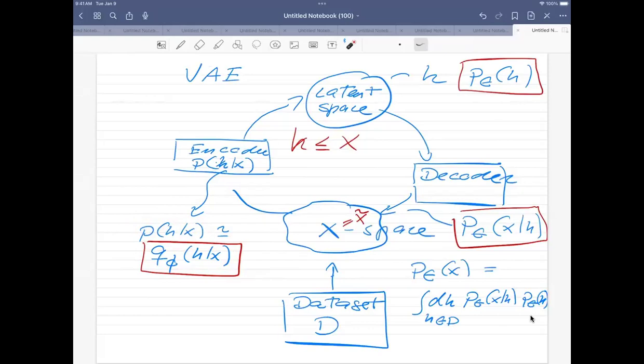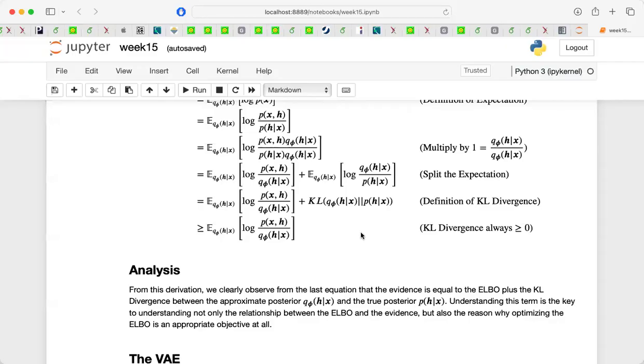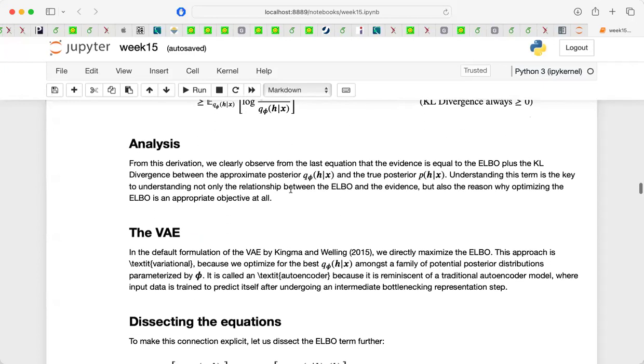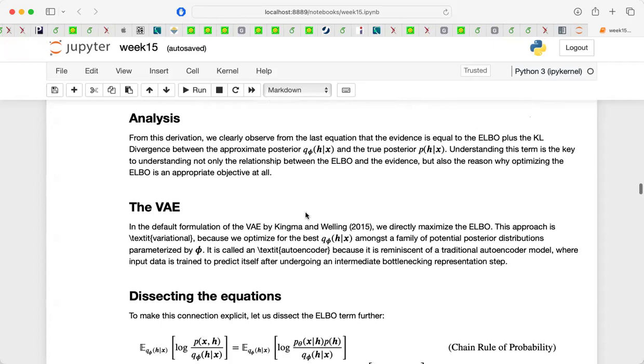So let's go back to the slides and take a closer look at some practicalities, which we left a little bit open last week. From this derivation, as you can see, we need to define a function for this posterior probability.